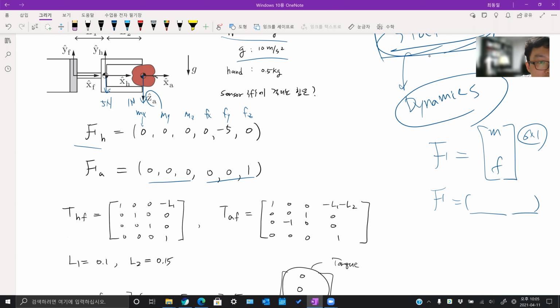Let's think about H2F here. This one is the position vector from here to here.